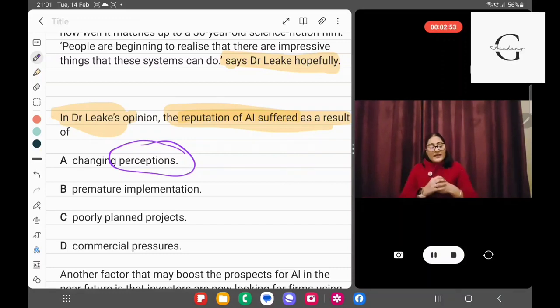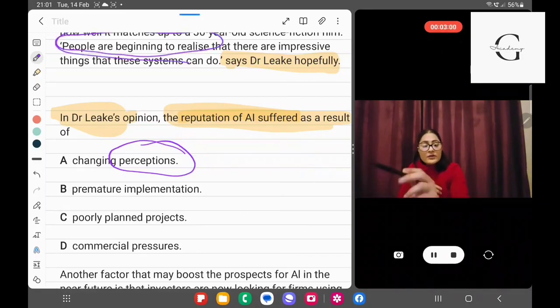So option A is your answer, changing perceptions, and the rephrasing is people are realizing. If you see the word perception in the passage or in any question, you should look for the synonym, which can be people's opinion, people realize that, people think that, people believe that. Basically this is the synonym they use in reading. Instead of perception directly in the paragraph, they change it by these words.